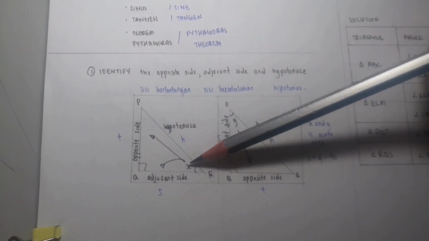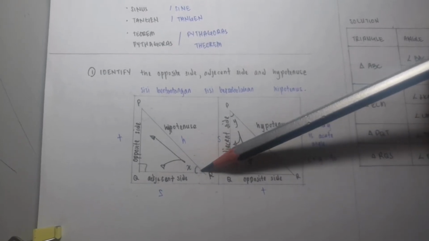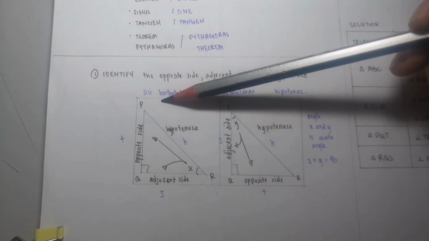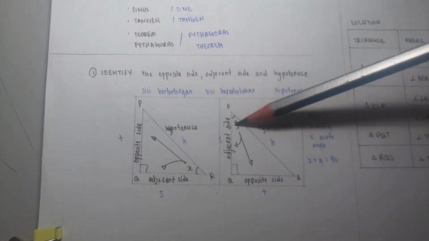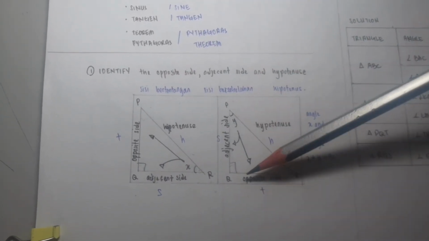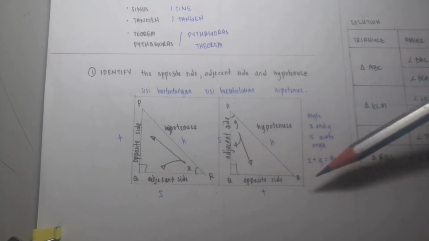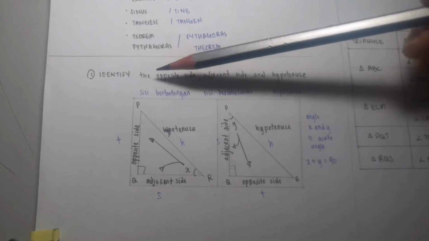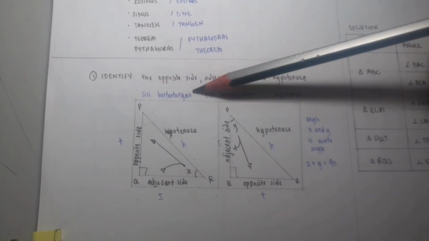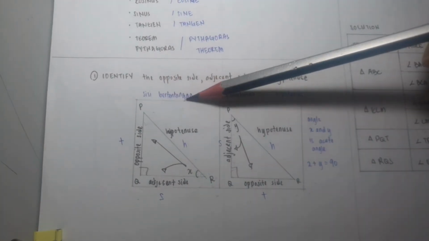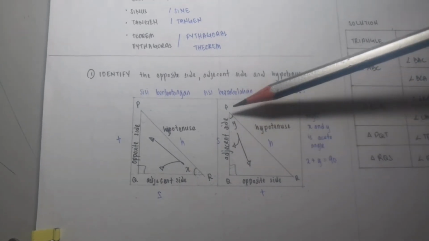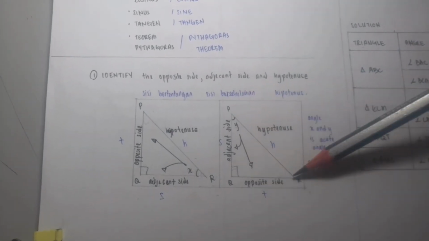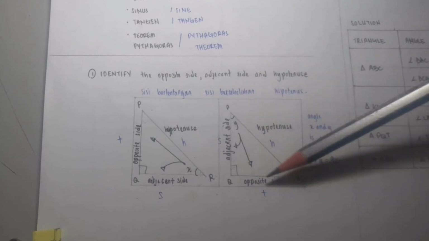Okay, the next one, the opposite side. When we have x as our angle, the opposite side is QP. When we have y as our angle, the opposite side is QR. Let's understand it a little bit further. Opposite side is also known as sisi bertentangan. It means the line opposite the angle. Easy and clear, right?